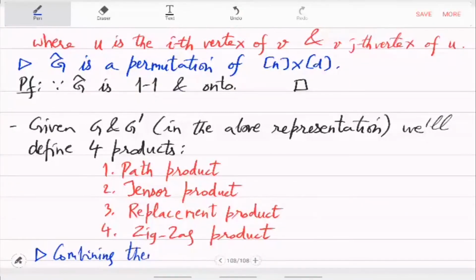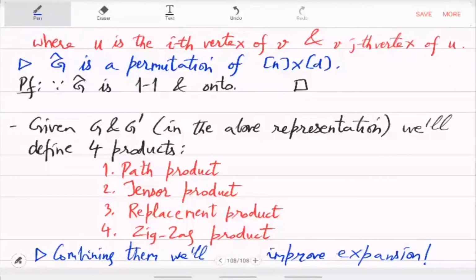Combining them, we'll improve expansion. They will have different strengths and weaknesses, and in combination they will work very well.